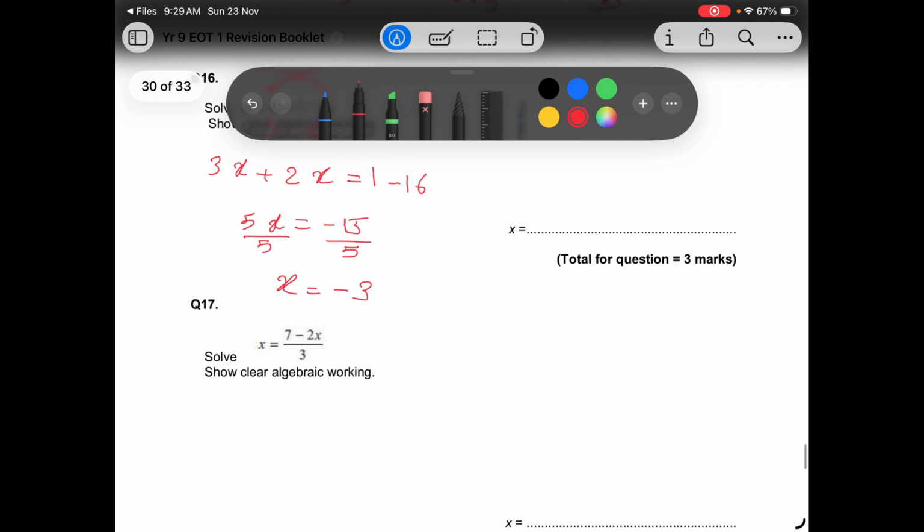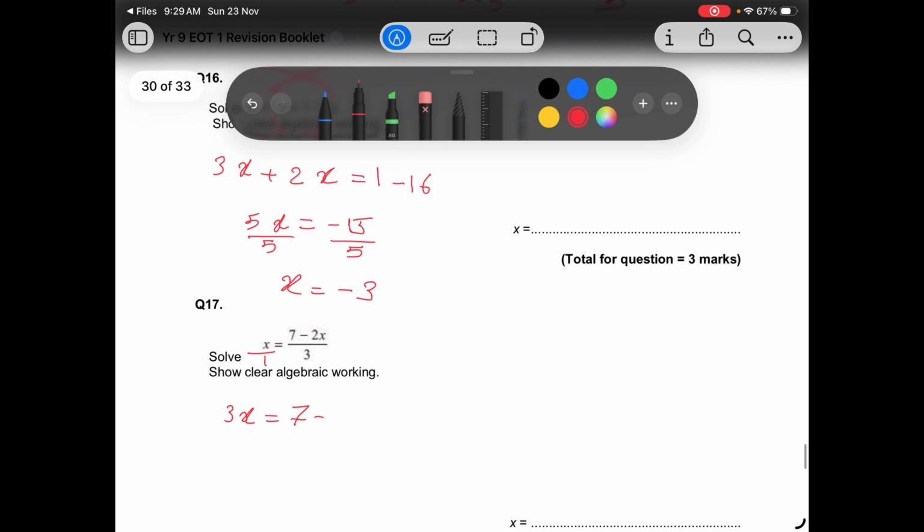Here, students, cross multiplication, so this is over 1. You can start by multiplying this by this first, or this by this, the way you like, okay? It's fine. So if you multiply 3 by x firstly, it will be 3x equals 1 times 7 minus 2x, it will be the same, 7 minus 2x.